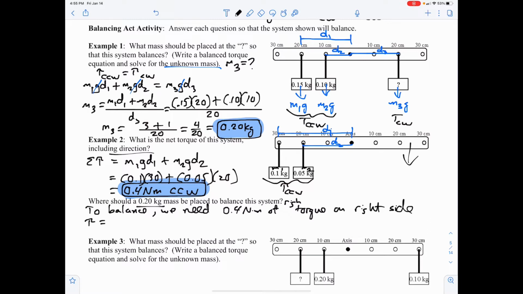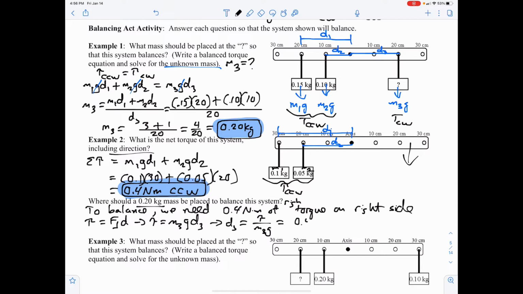So torque is equal to force, perpendicular force times distance, which means torque is equal to M3 g, that's the weight, that's the force, times D3. And we're looking for D3 because it's saying where do you put it? So D3 is equal to the torque divided by M3 g.